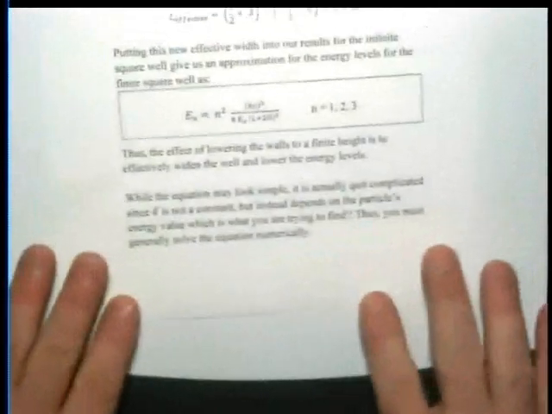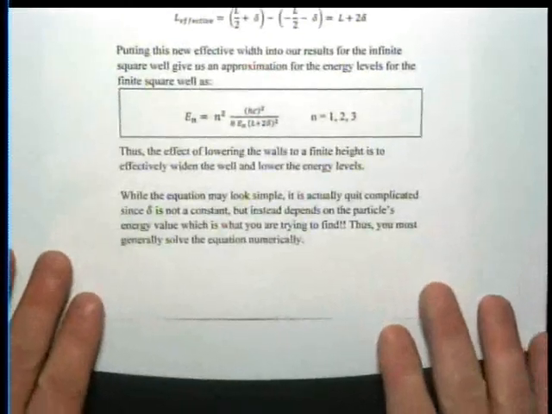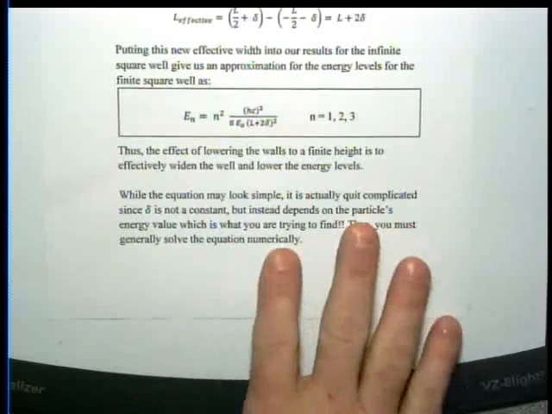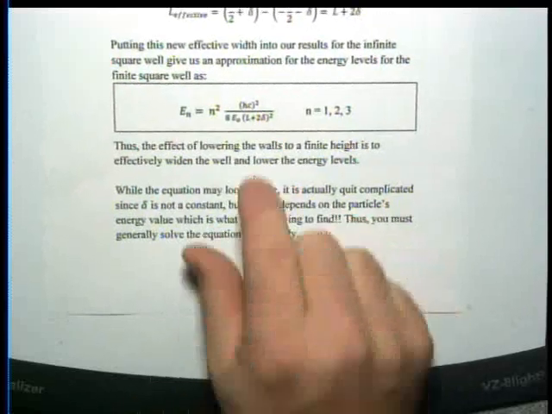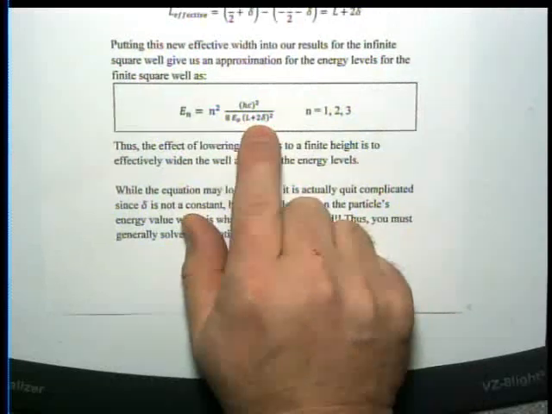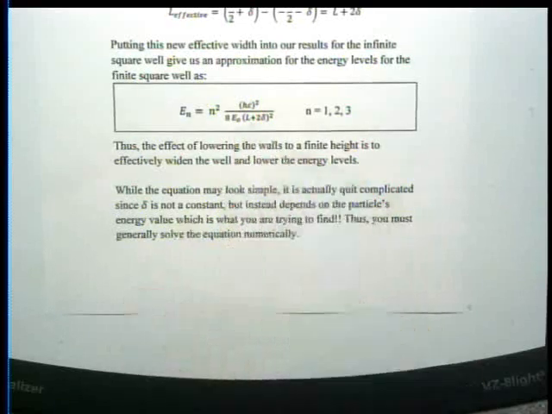What is the physical significance of the width of the well? The width of the well, as you narrow the well, changes the spacing of the energy levels. So what I was going to look at right here: the effect of making the well finite, in essence, makes this bigger. That does what to the energy levels? Makes them smaller.